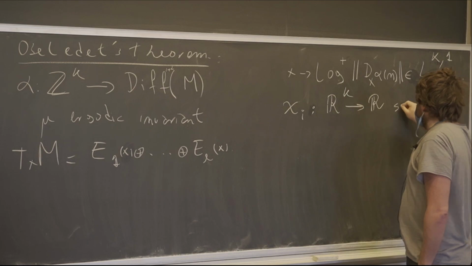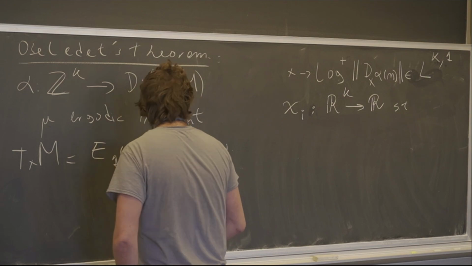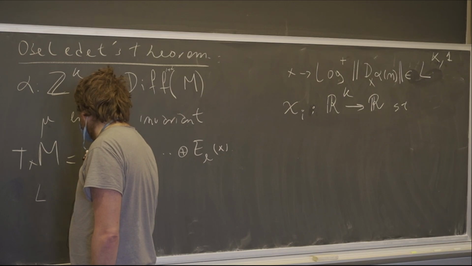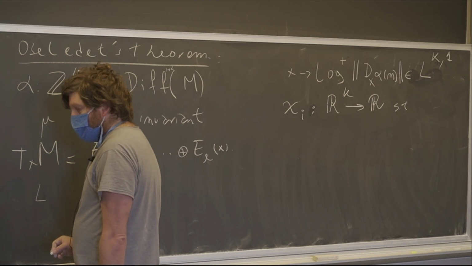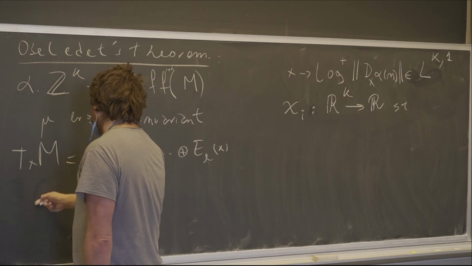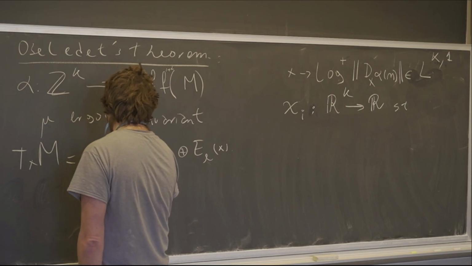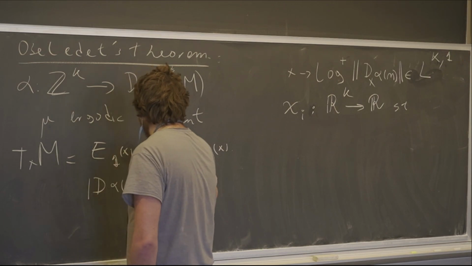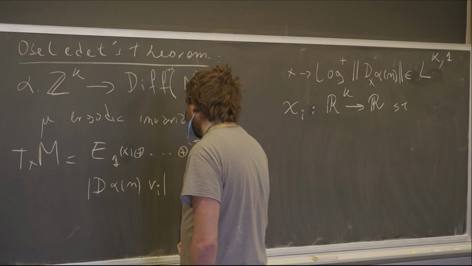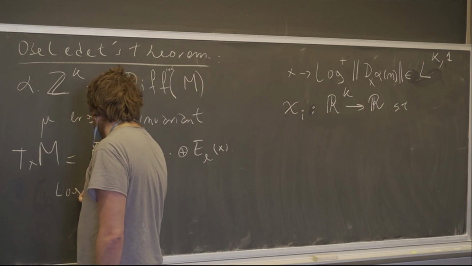such that the following, and here is what comes slightly different from the standard Oseledets writing. Let me write it correctly. I want the norm of d alpha^n applied to a vector v_i over the point x. Now I take the logarithm of this.